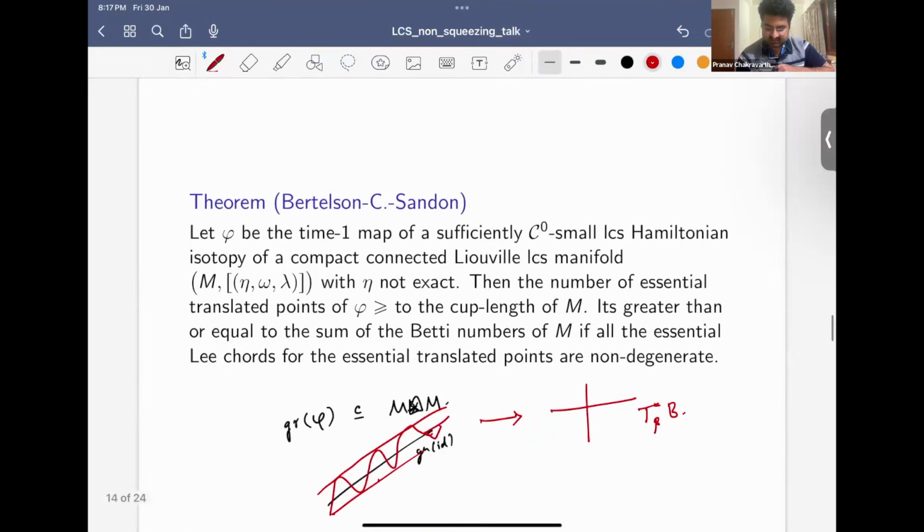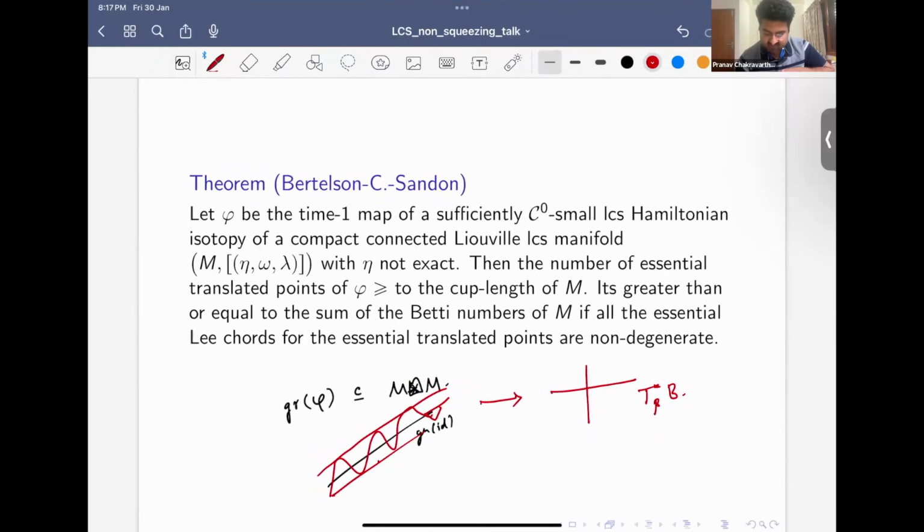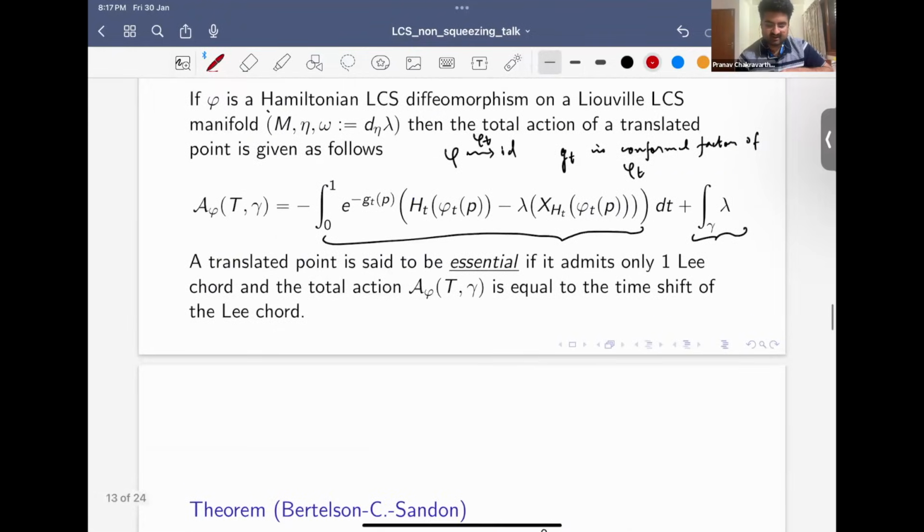However, this identification need not preserve the Liouville form. In fact, the Liouville forms would differ by the differential of a function in general.